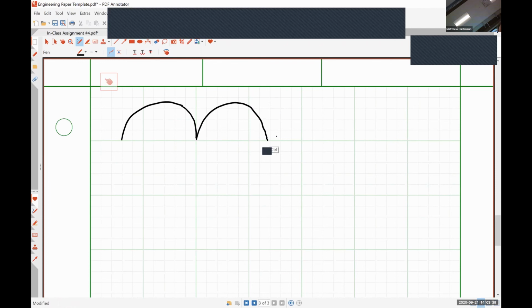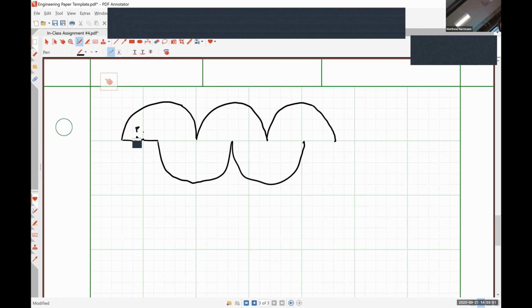It looks something like this. Let's call this guy R1, this guy R2. For the current source, is the direction from left to right or right to left for the independent current source? Let's call that IS.